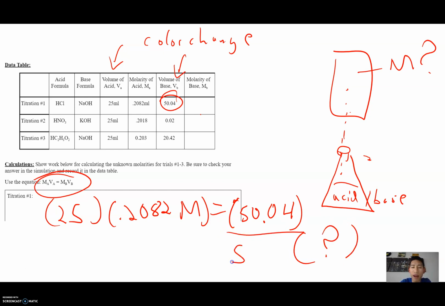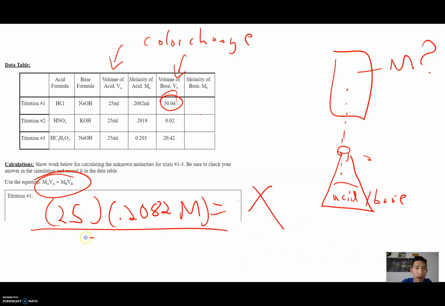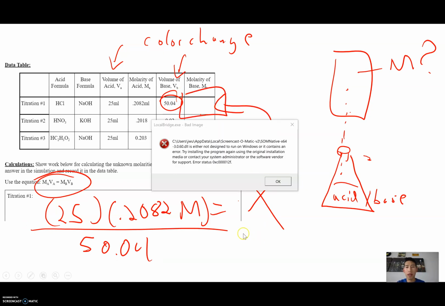Well, we would divide by 50.04, and so that cancels out because it becomes 1. So these two divided by 50.04 would give us our concentration right here. Basically, we use MAVA equals MBVB.